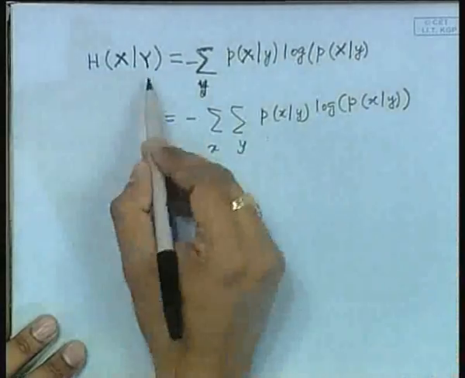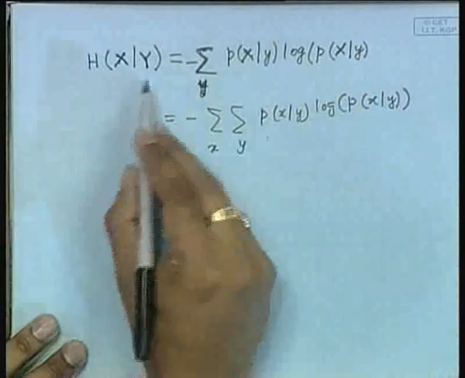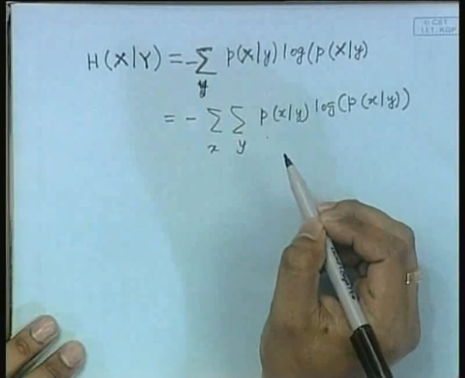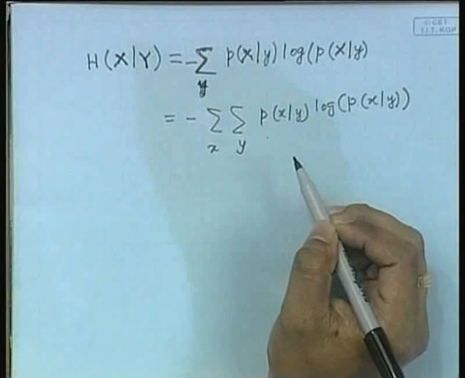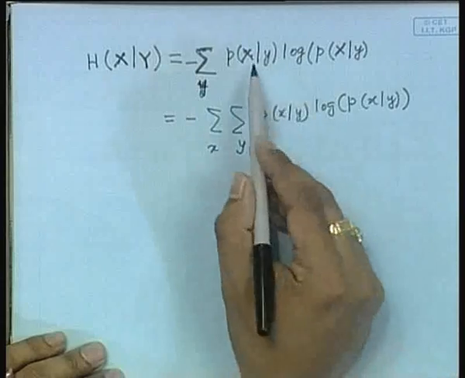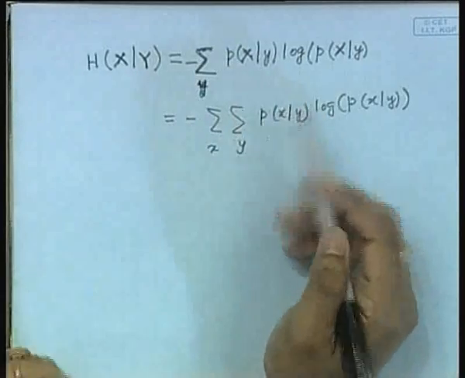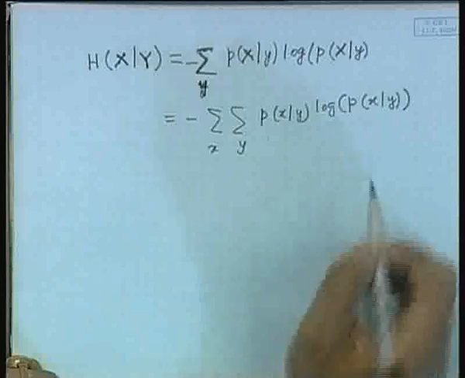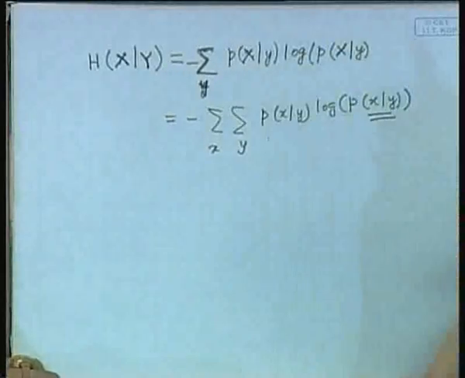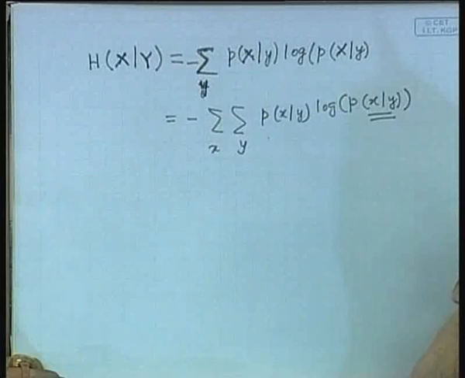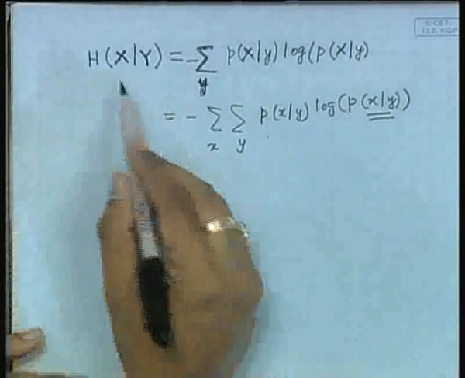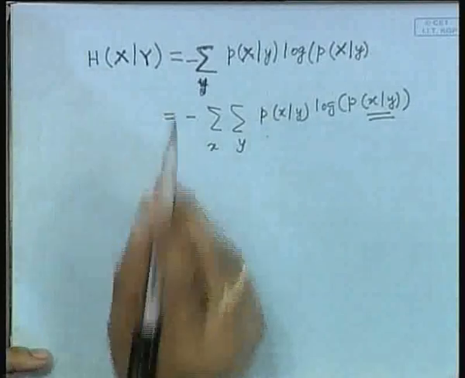In order to compute H(X given Y), since there are two random variables, we require two sigma operations. You vary one of them and then vary the other random variable. So given the conditional probability P(x given y) for all possible values of x and y, you can compute the corresponding value of H(X given Y).